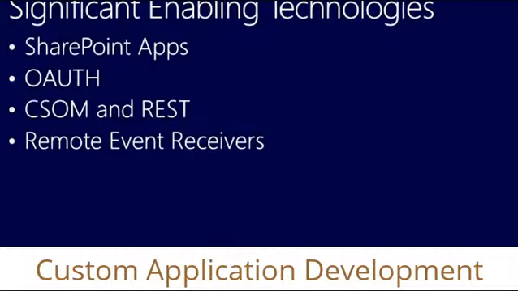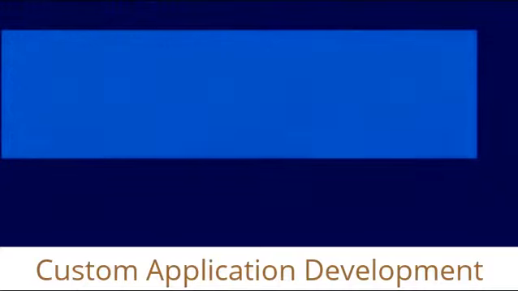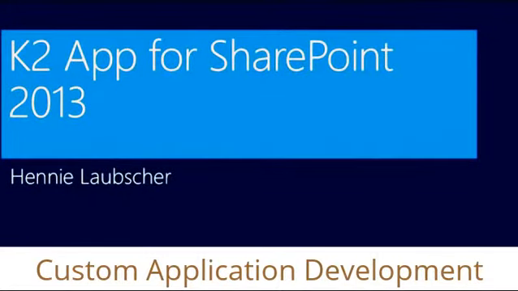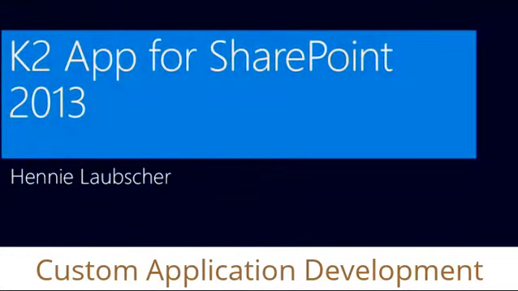And then remote event receivers, which allows you to listen to events remotely without installing event listeners on the SharePoint box. So before we get into the details of all of the concepts, let's just show you what our app looks like. So let me switch to number 2 here.